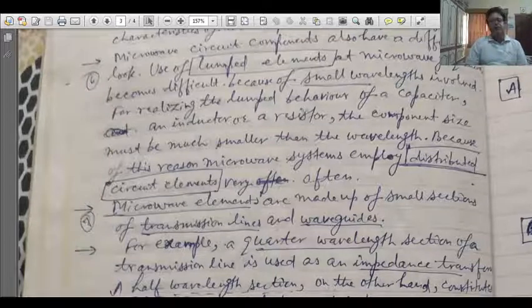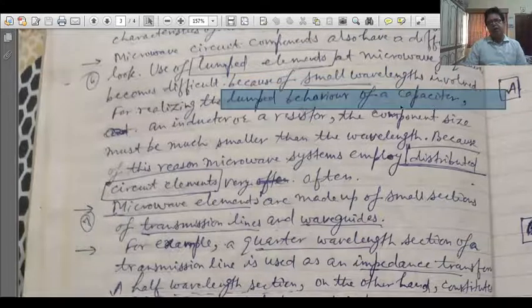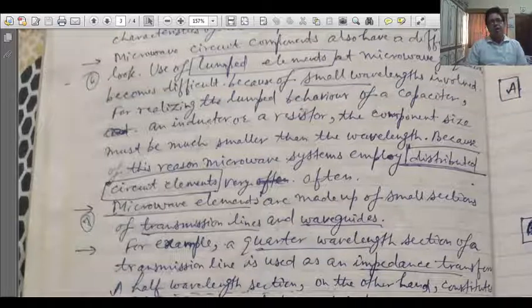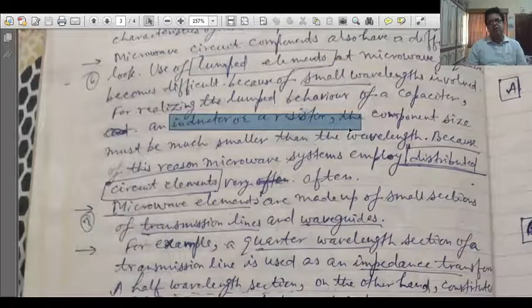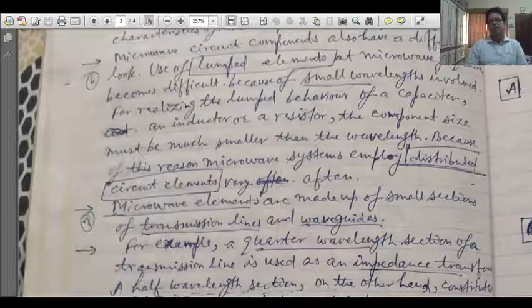For realizing the lumped behavior of a capacitor, an inductor or a resistor, the component size must be much smaller than the wavelength. Because of this reason, microwave systems employ distributed circuit elements.